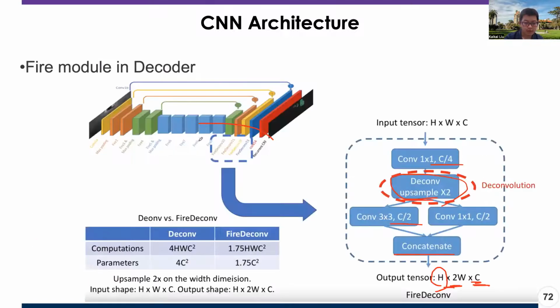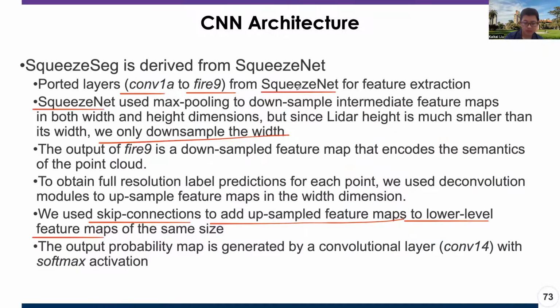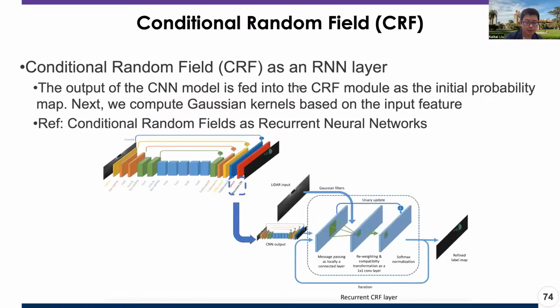So for example, they have this feature added back. This is a similar idea to the UNet. UNet also adds these encoder features into the decoder part. So this is very similar. It's added back, similar to the UNet's encoder and decoder architecture.